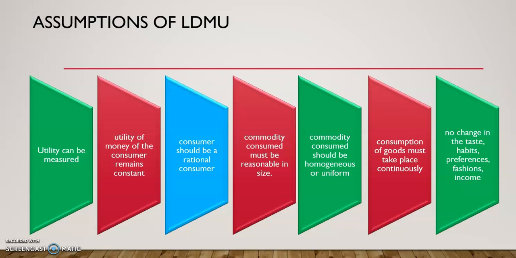The consumption must be taken in a continuous time span. Consumption is of a homogeneous product. The commodity is consumed in a reasonable size. Here our consumer has rational behavior.